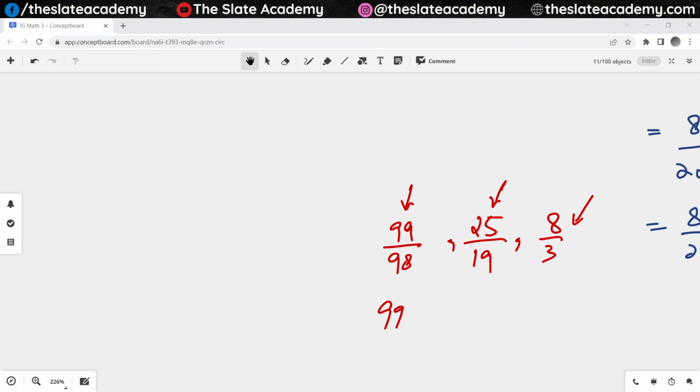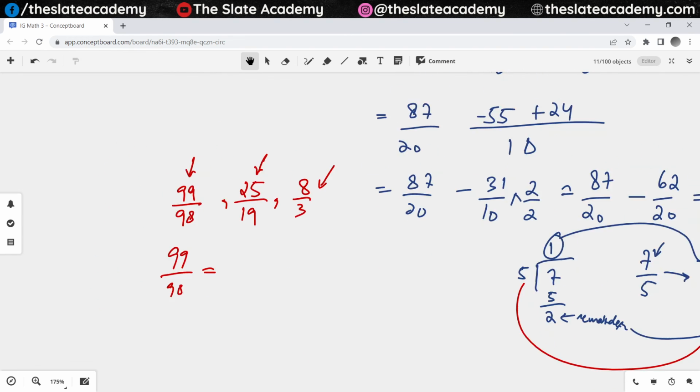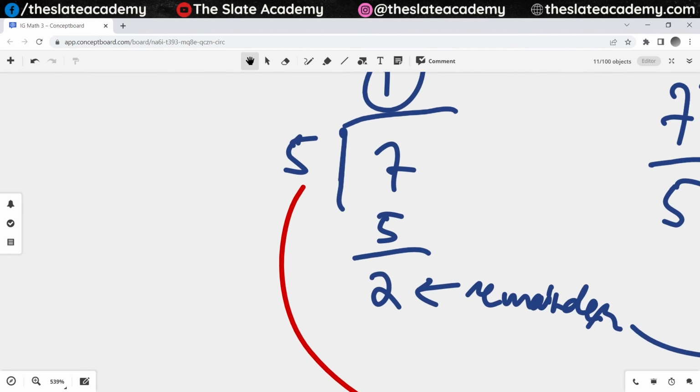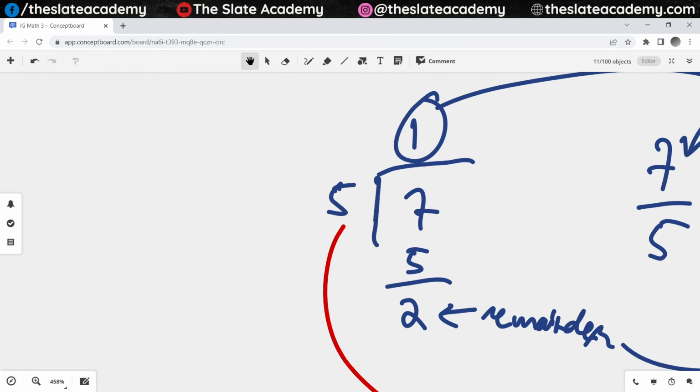So if you have 99 by 98, how do you make mixed fraction out of it? What would be the answer of this one? I just told you how we convert improper fractions into compound fractions. Didn't you listen? This is when I was telling you.